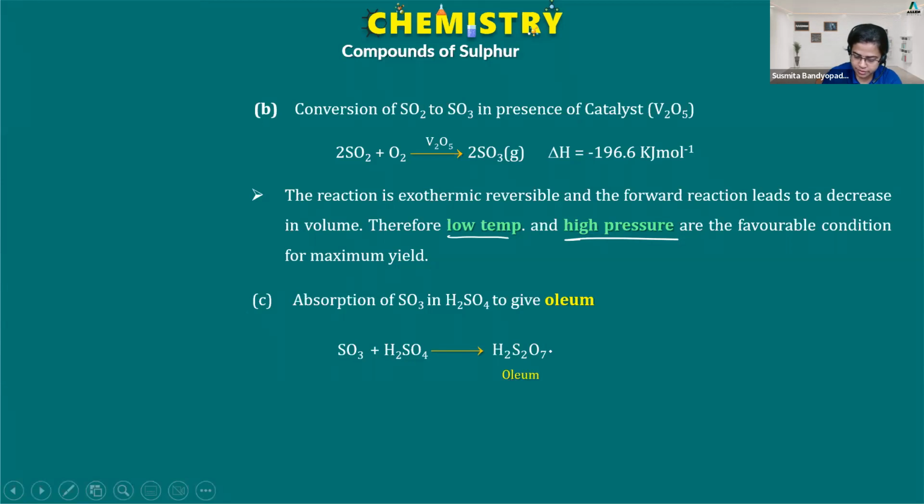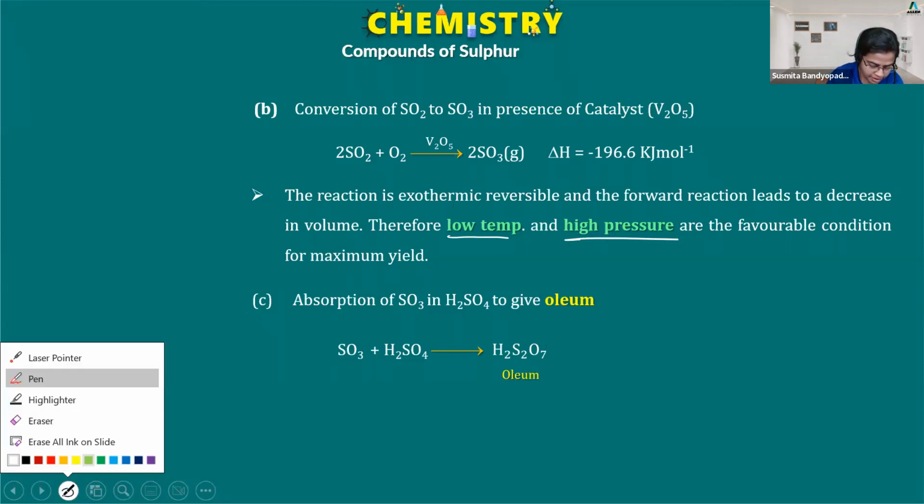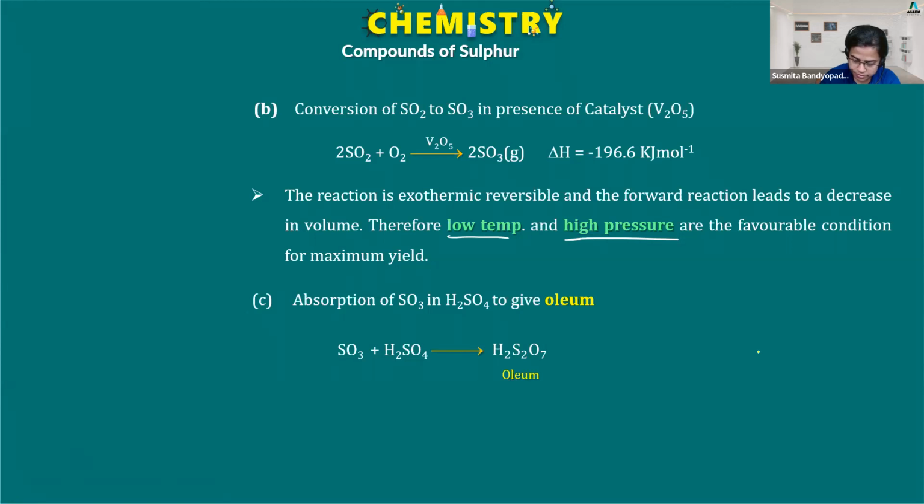I want to draw oleum. If I go wrong, you have to help me. Okay, how do I draw oleum? The best way is, okay, fine, I've already drawn, so I'm not going to erase. OH, OH. So I'll draw two sulfurs and put OH, OH. Now 7 oxygens. So 1, 2 gone. 3, 4, 5, 6.